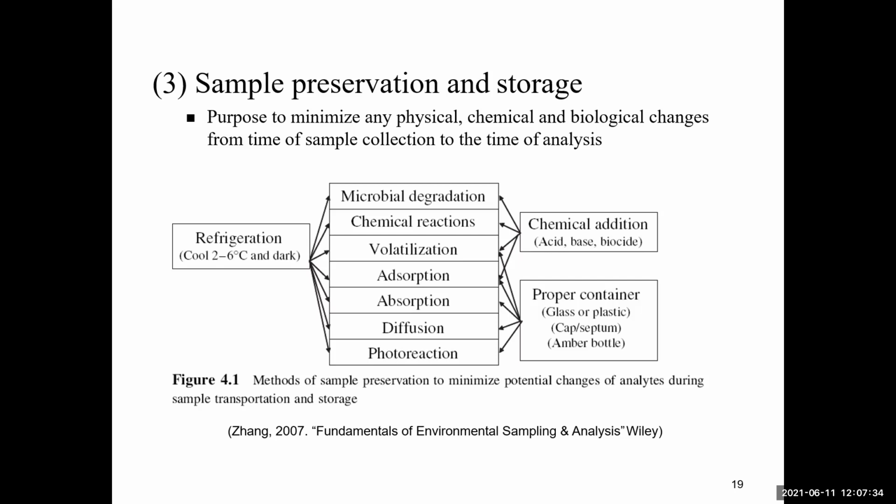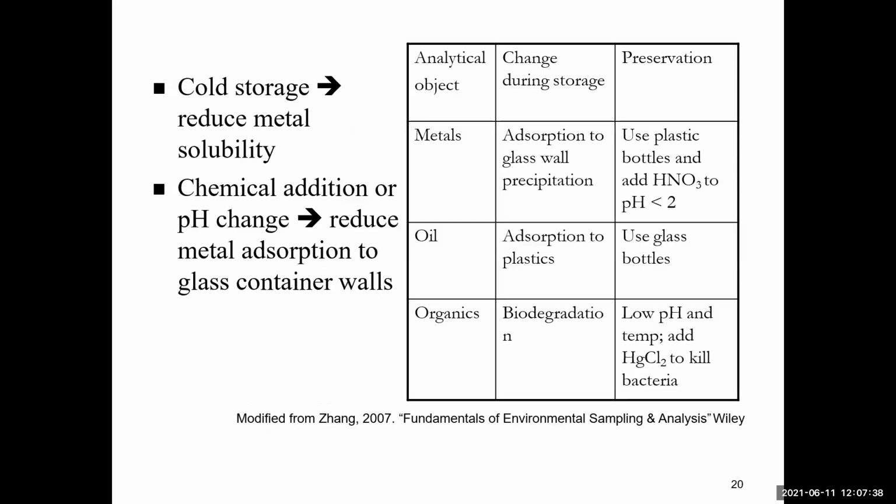Okay, any problems, doubt? No. This is the further cold storage. It reduces metal solubility, and a chemical addition of pH change reduces the metal absorption to the glass container wall. These are the factors: analytical object, change during storage, and preservation. The analytical objects are metal, oil, and organics. The changes during storage: absorption to glass wall, precipitation.